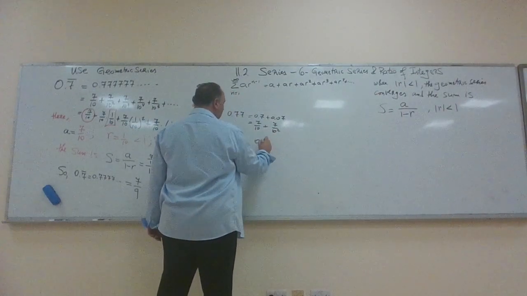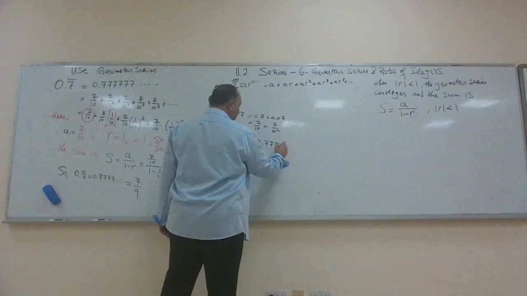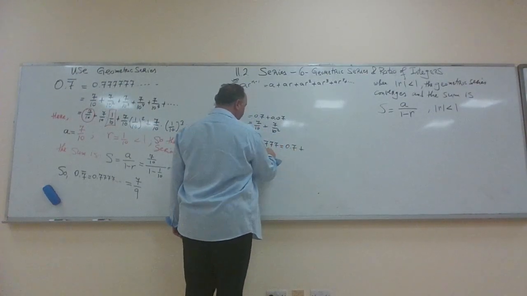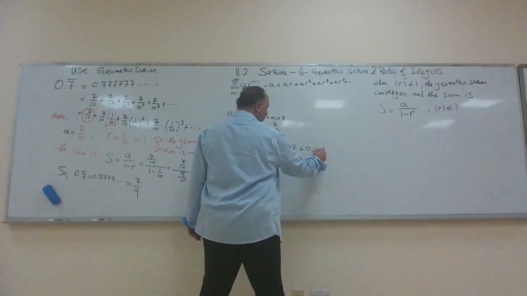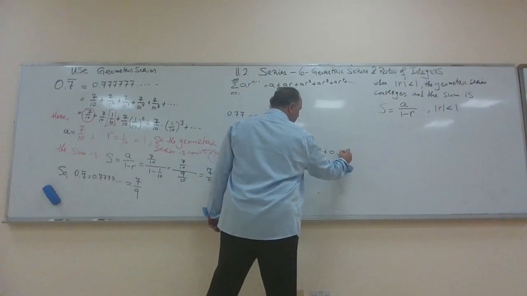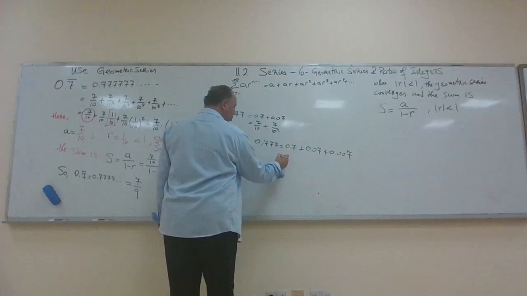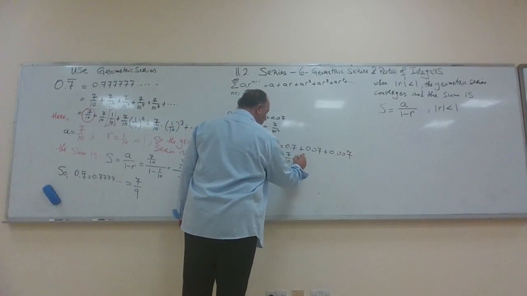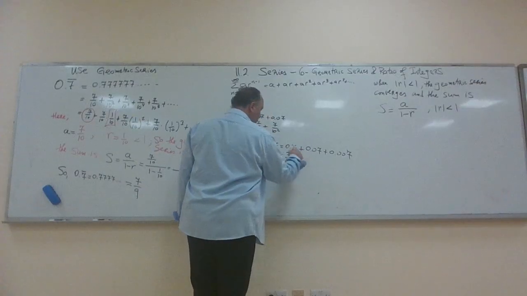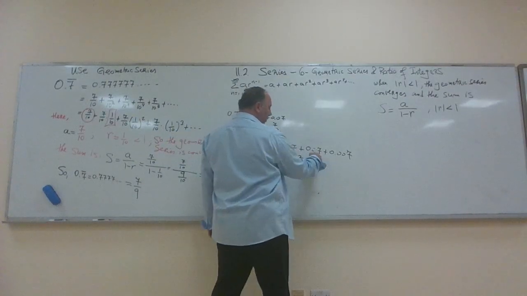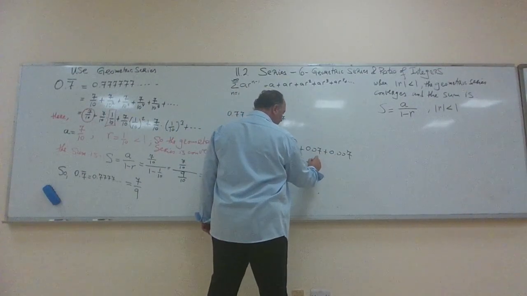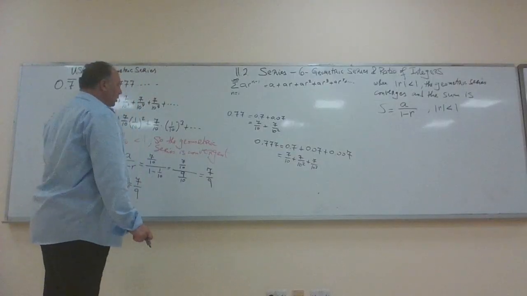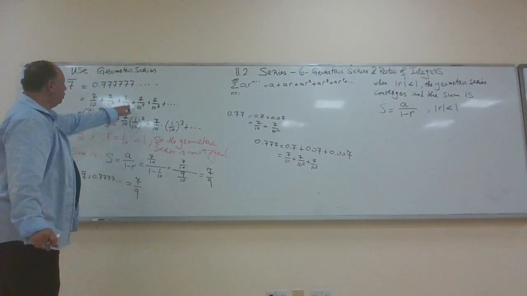Now if I have 7, 7, 7, the first guy is 0.7 plus the second guy is 0.07 and the third guy is 0.007. So that's where it comes from. So divided by 10, divided by 100, divided by 1000. It's better to write the exponents. So that's how we got all of these numbers here.